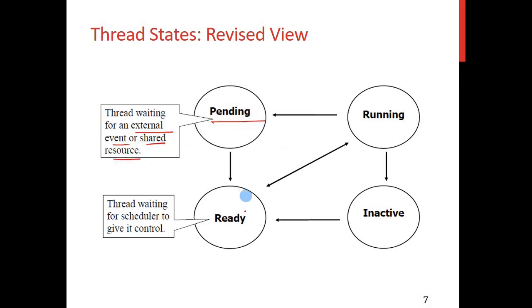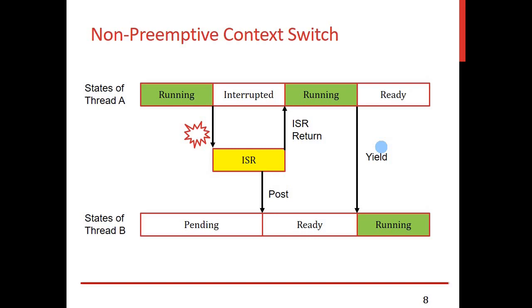Once it gets the resource it was waiting for, it will transition from the pending to the ready state, and from there the scheduler will look at all the current threads in the ready queue and select one of them to transition to the running state. That is how the threads switch around between the different states.